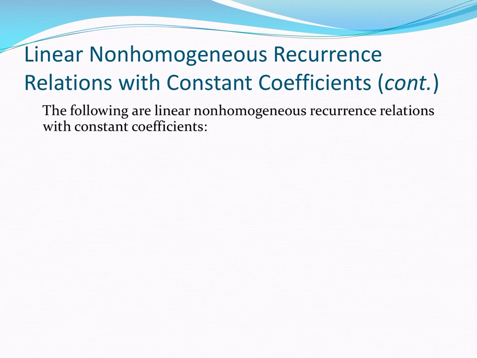Here's some examples. It's got a degree 1 type recurrence relation, but we have a 2 to the n as a particular portion or non-homogeneous portion.